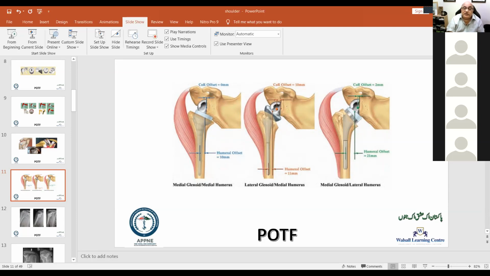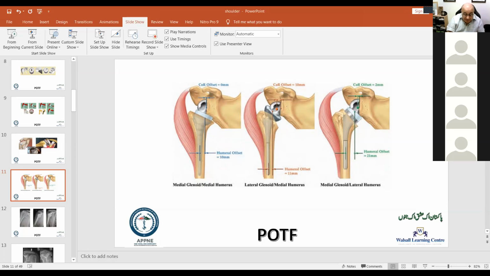The reason we talk about repairable cuff repairs is mainly the supraspinatus. If the tear is more than 5 centimeters, that means the whole cuff is gone and the outcome is poor. So a rotator cuff insufficiency possibly means that the supraspinatus is gone, but not necessarily, because you have to define it by saying massive cuff tear or an isolated cuff tear.